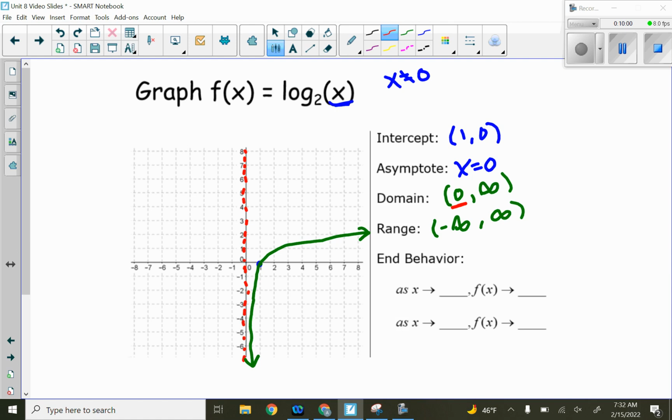So as x approaches 0, f of x approaches negative infinity. As x approaches infinity, f of x also approaches infinity. And that's our graphing logs. And really use Desmos to help you guys graph these.